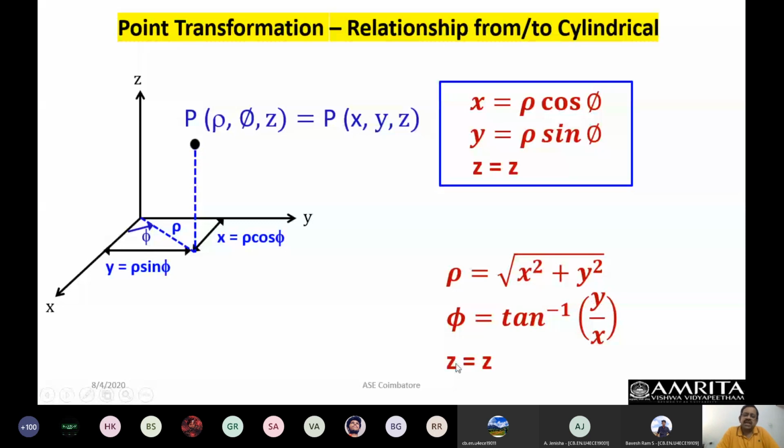For example, let us say I have the point 1, 0, 0. So I can easily see that x equal to 1 and y equal to 0. So you can easily see x equal to 1 means rho is 1. The angle has to be, this is the point over here, definitely phi is going to be 0, which means cos 0 is 1 and rho is going to be 1.